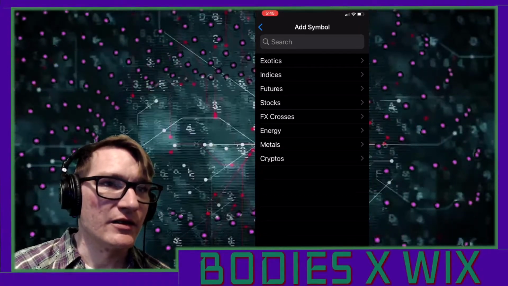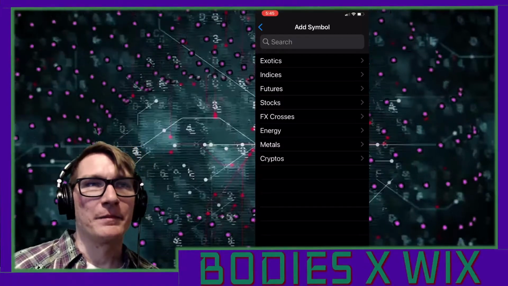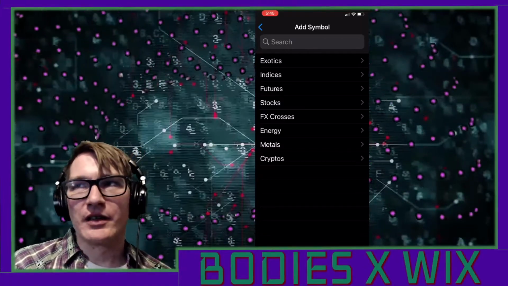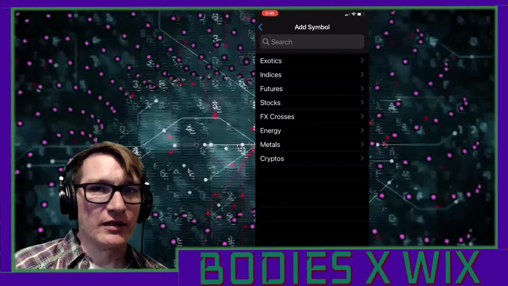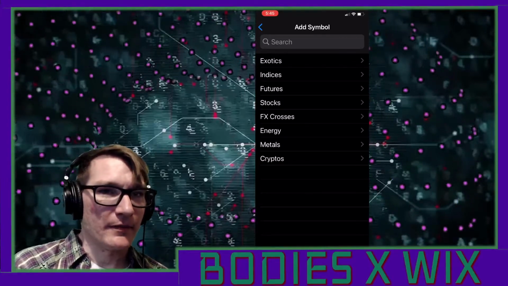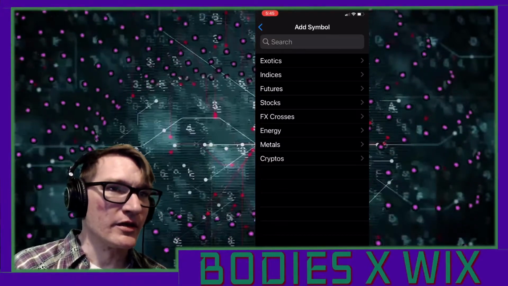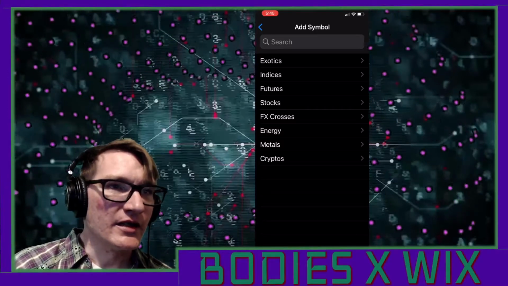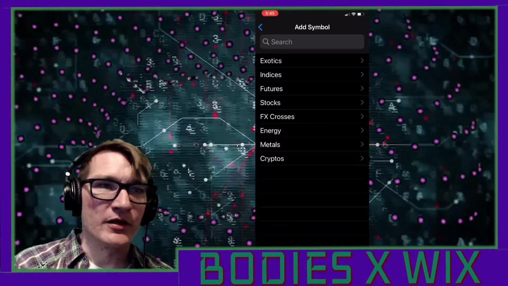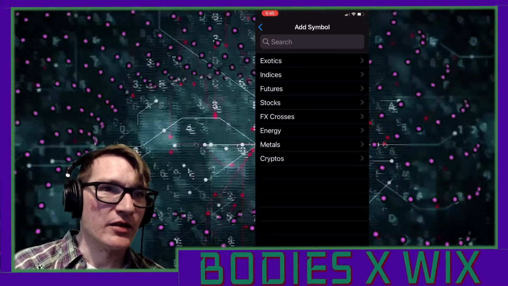It has your exotics. So it's sort of like trading the euro versus the Indian rupee, or the dollar versus the krone or something like that. So that's what exotics is. Your indices are, of course, your S&P 500, your NASDAQ, your Dow Jones.